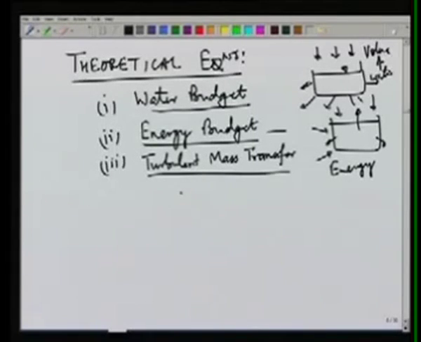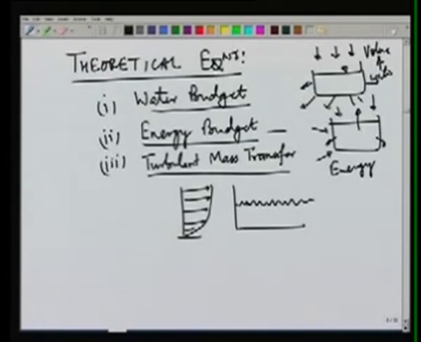In the turbulent mass transfer, we use the boundary layer theory. So in the boundary layer, the velocities are typically varying like this, and there is a turbulent motion. That means there will be fluctuations of velocities. So if we look at the velocity at any point, it is fluctuating with time. So there is some mean velocity, but there are a lot of fluctuations, and these fluctuations cause a mass transfer from one layer to the other.